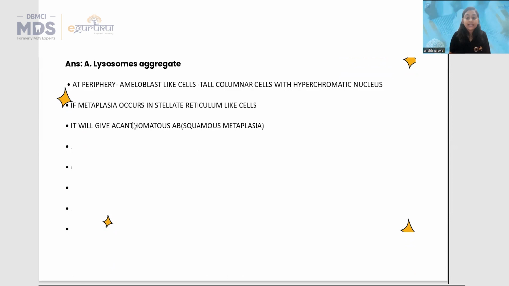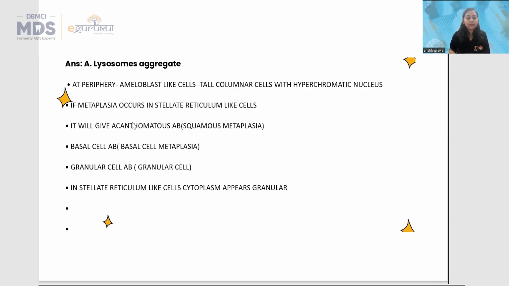What do we see in acanthomatous ameloblastoma? Squamous cells, that is called squamous metaplasia. The next is basal cell ameloblastoma, and then the granular cell, which will be called granular cell ameloblastoma. In this, the cytoplasm of the stellate reticulum like cells appears granular.